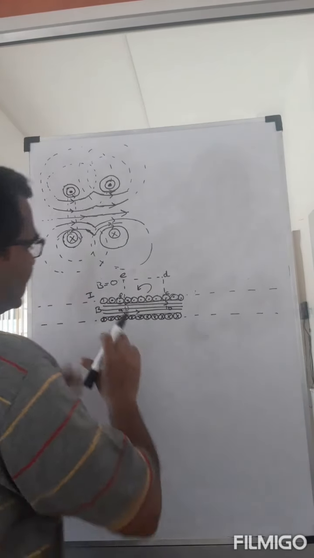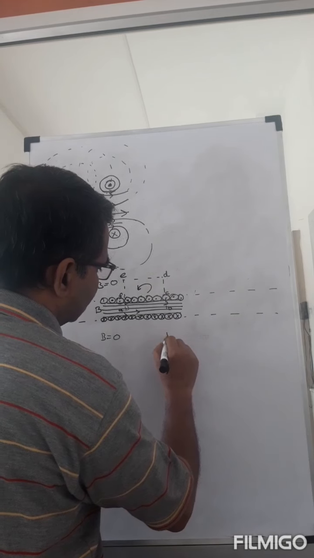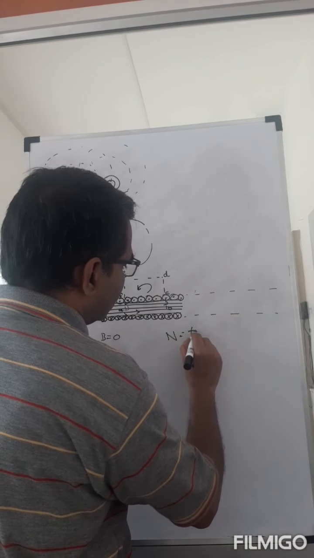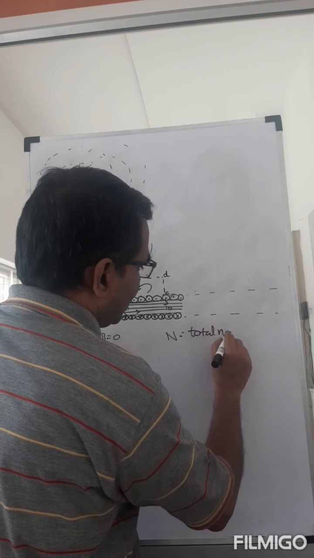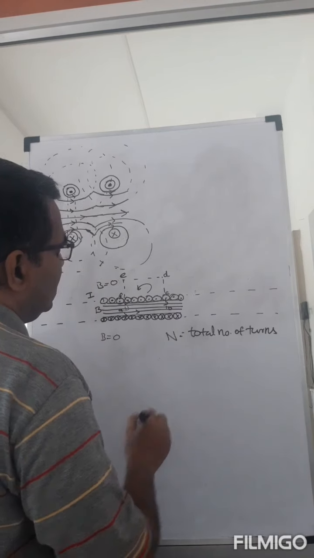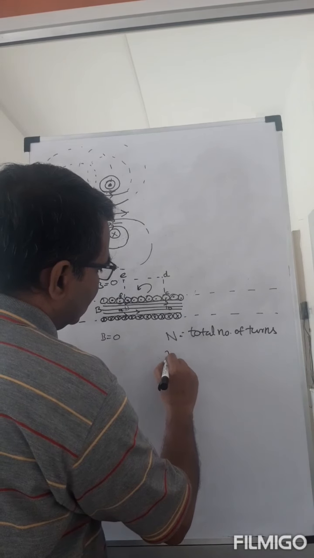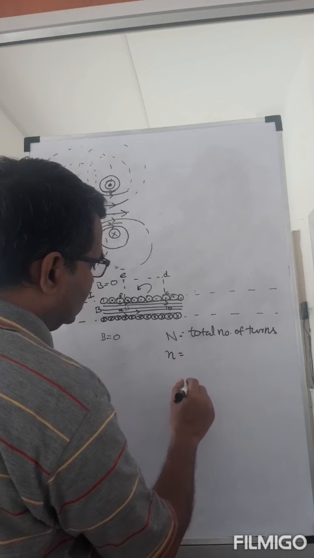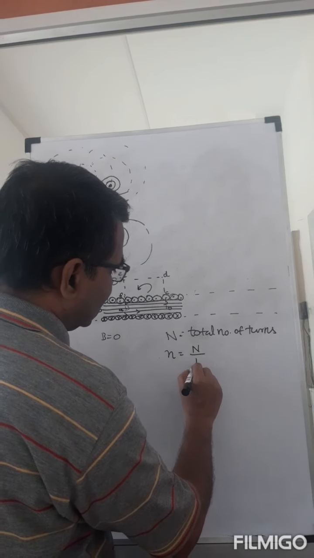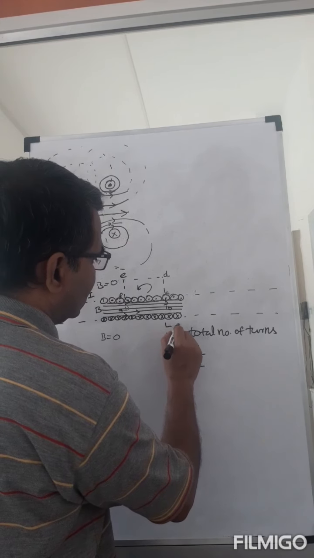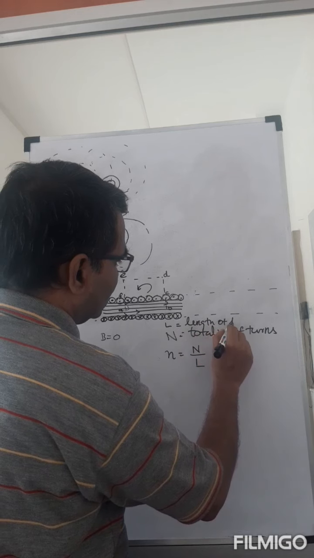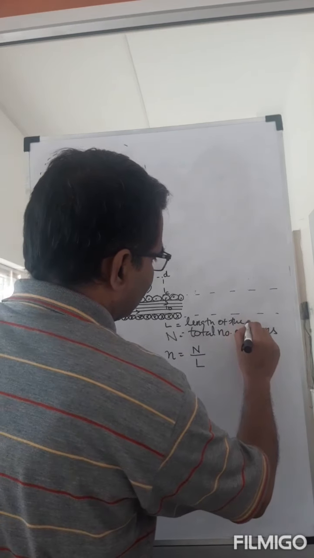Let us say that this coil has N turns, the total number of turns. And let's say n is equal to the total number of turns divided by the length L, where L is the length of the coil.